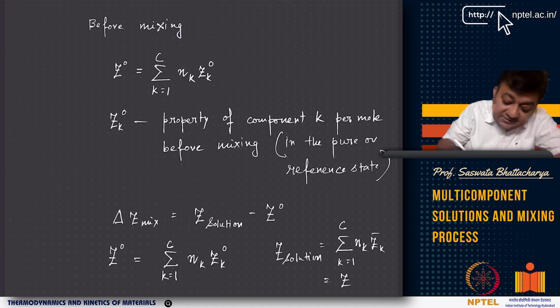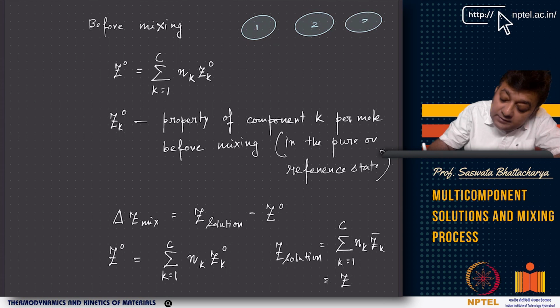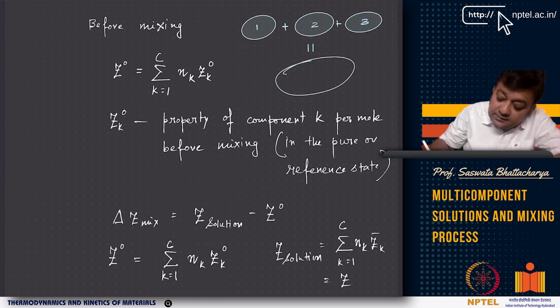Now look at this. Say for example, you have these components, like 1, 2 and 3. You are adding them. Once you add them, you get this, which is basically a mixture, or if it's a homogeneous mixture, then it becomes a solution.